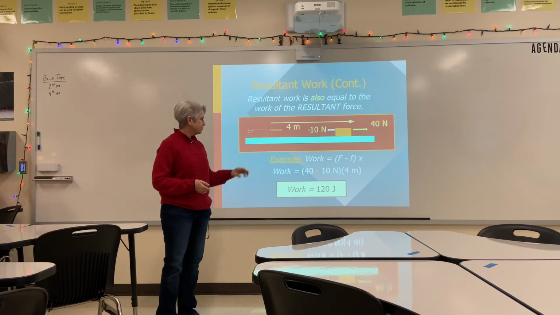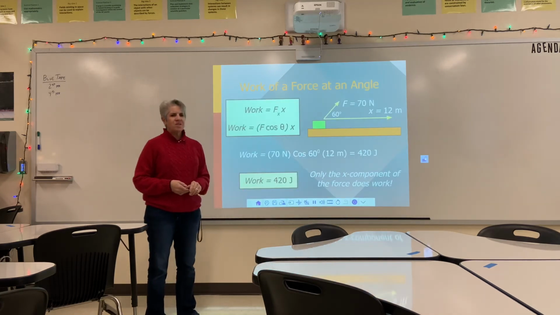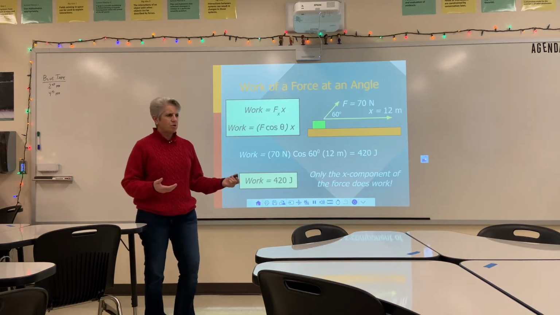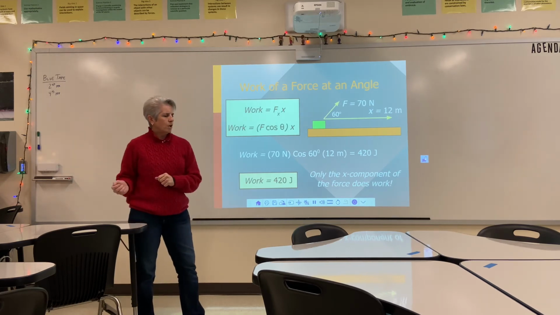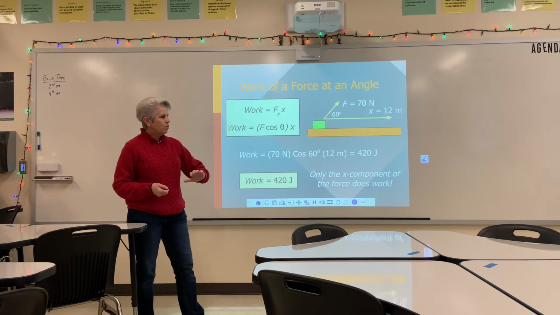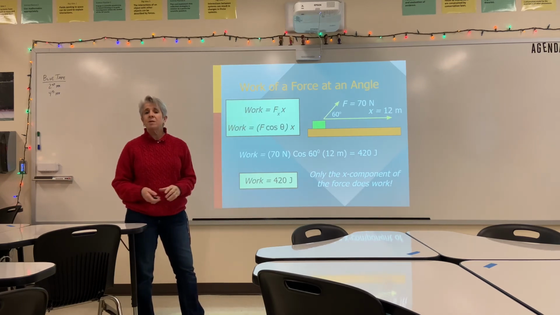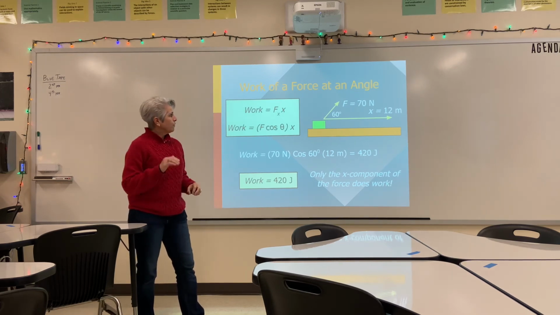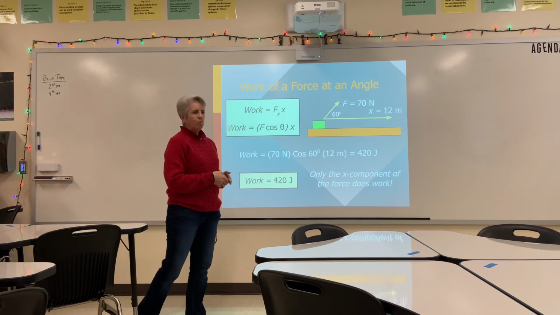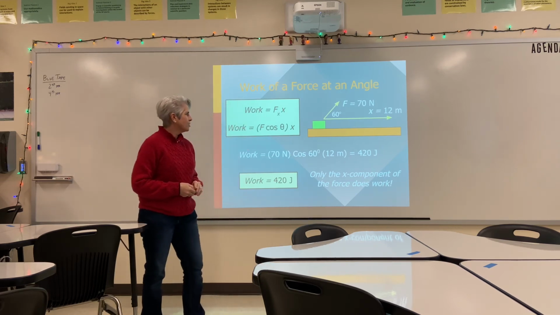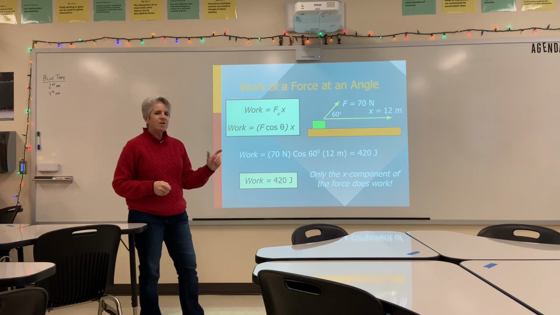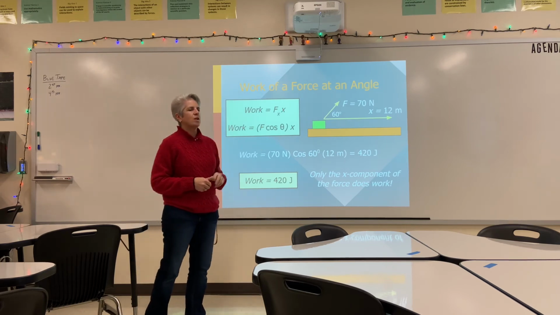The last piece comes into play when the force and the motion are not exactly in the same direction. Suppose that you were pulling an object up at an angle, but the object was moving sideways. This would definitely be the case if you were pulling a child in a wagon. So if you applied a 70 newton force at a 60-degree angle and the object moved a distance of 12 meters, what we've got to figure out is what piece of that force goes in the same direction as your motion.